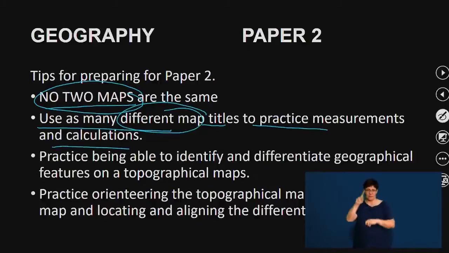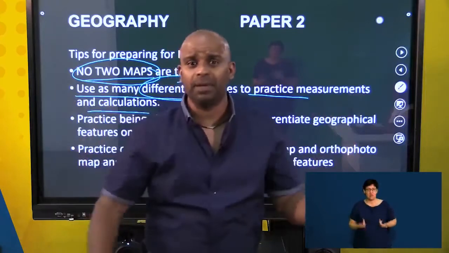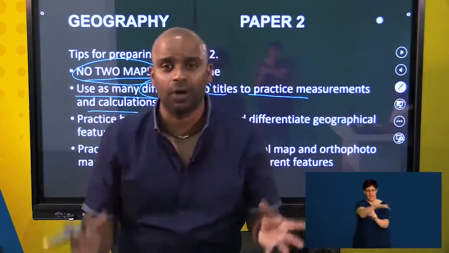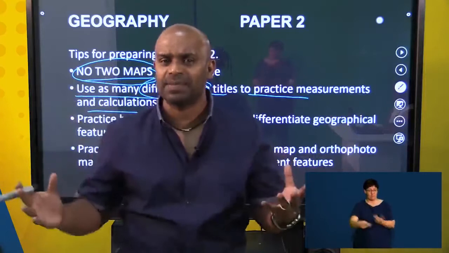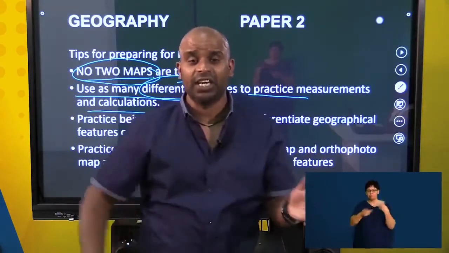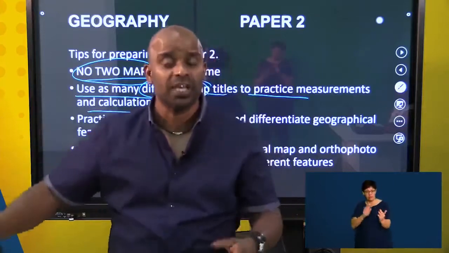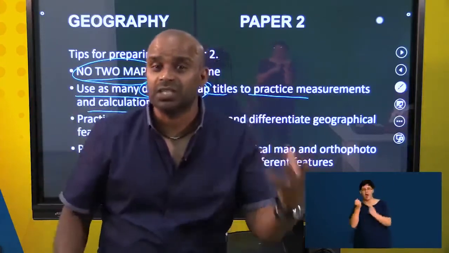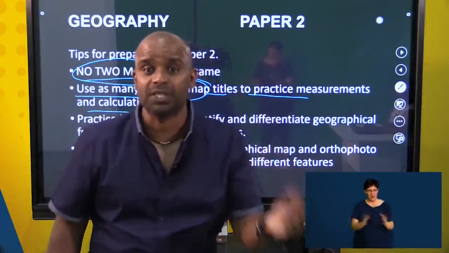By this, we simply mean there are various different titles of maps. When you are, for example, calculating the area of an object on a map, use different maps. It all amounts to the same formula, magnetic declination. The more different maps you use, the better you are exposed to the different calculations for this particular question.